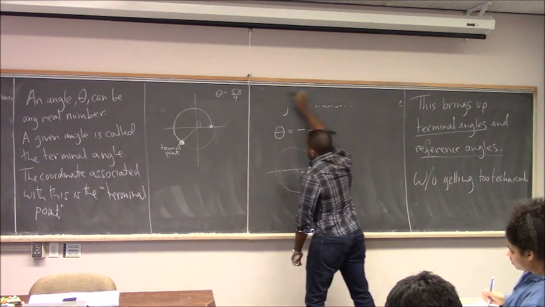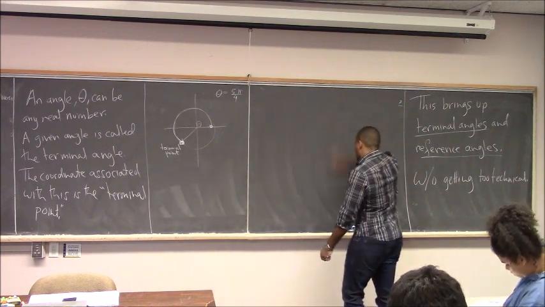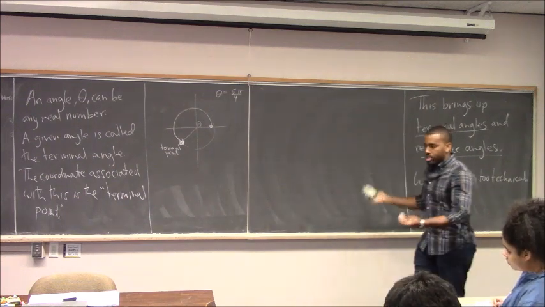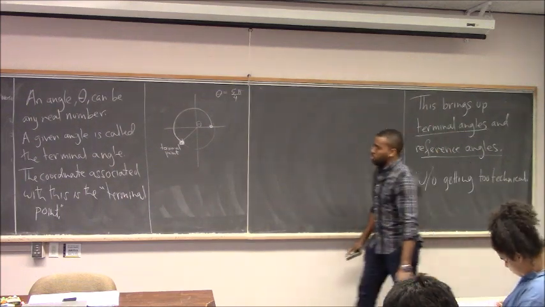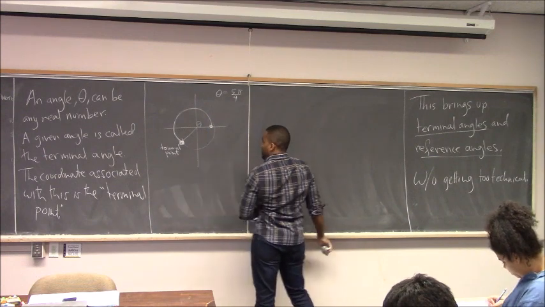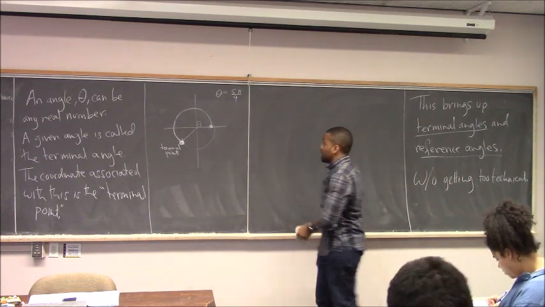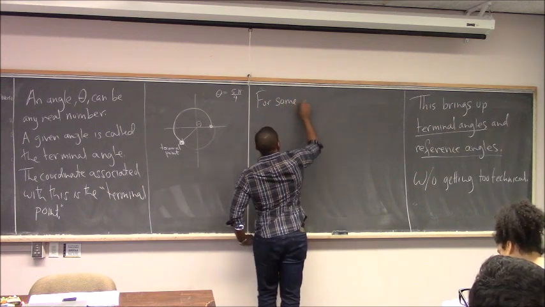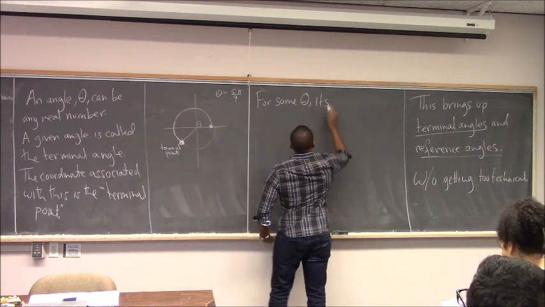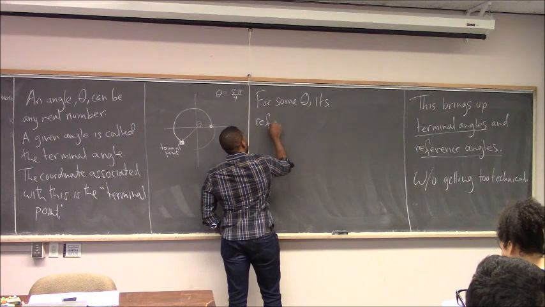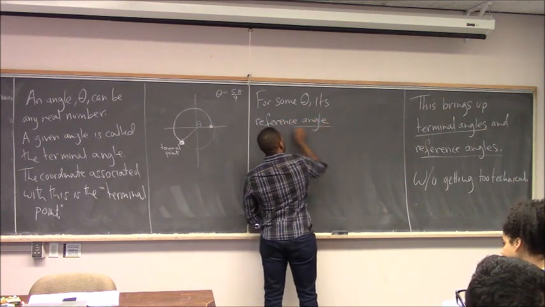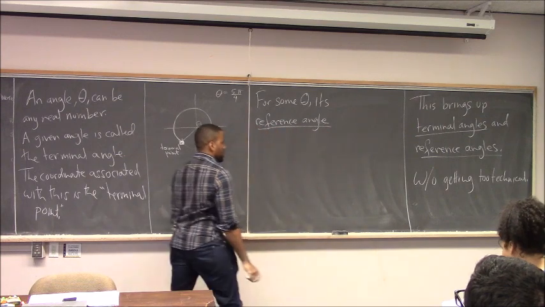Let's talk about the reference angle. So pretty much any angle you're given you can think of as a terminal angle, and you can talk about the point where you can stop measuring that angle. That's called the terminal point. For some theta, its reference angle, that's the technical term I'm going to define now.